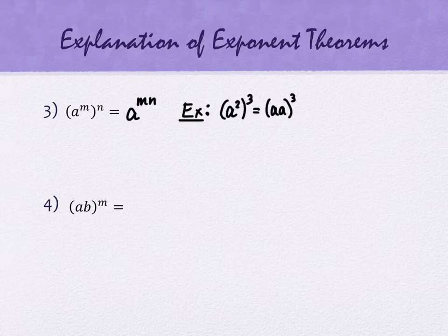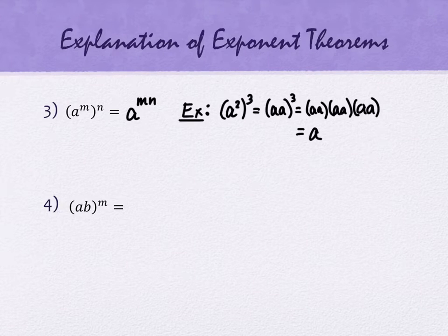You write it 3 times, right? So this is the same now as aa, aa, aa. And again, count them up real quick. How many a's did I get? 6. And again, how do I get from 2 and 3 to 6? I multiply.